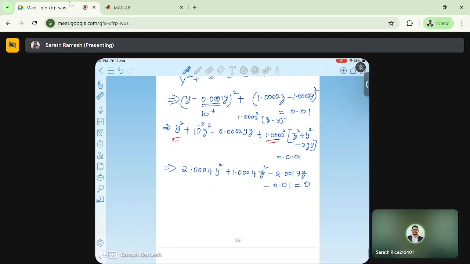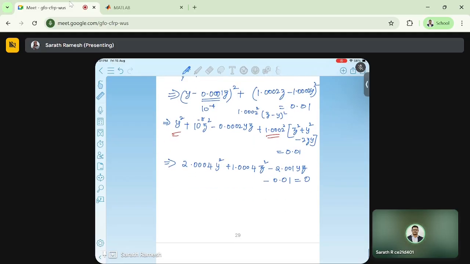So finally we arrive at the equation of a conic. Now A equal to 2.0004, B equal to minus 2.001, C equal to 1.0004.